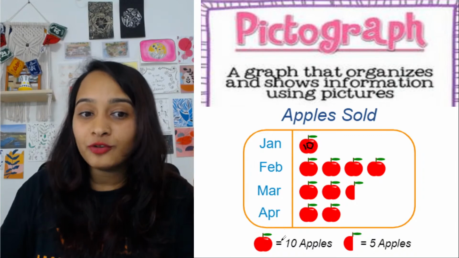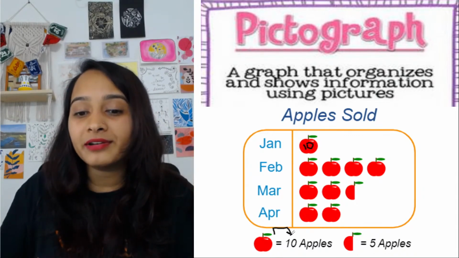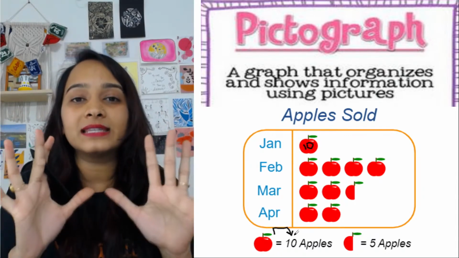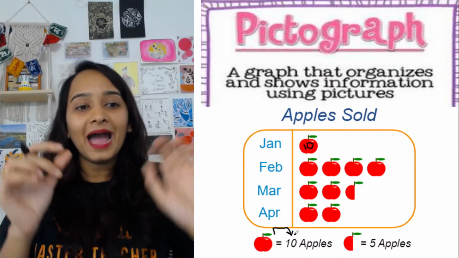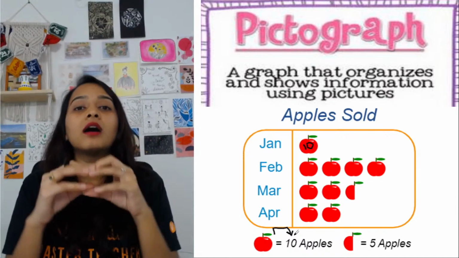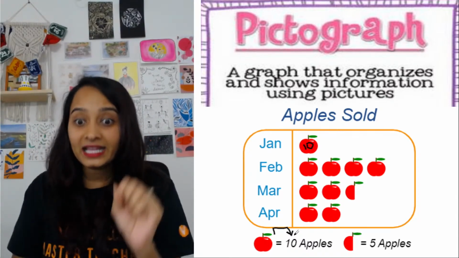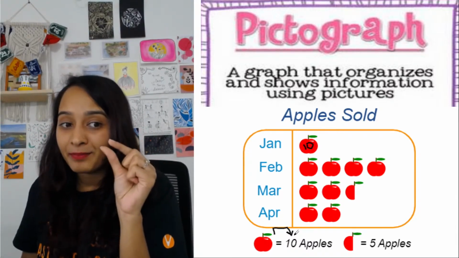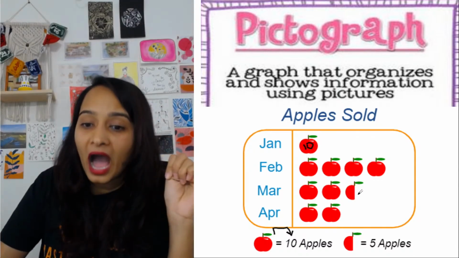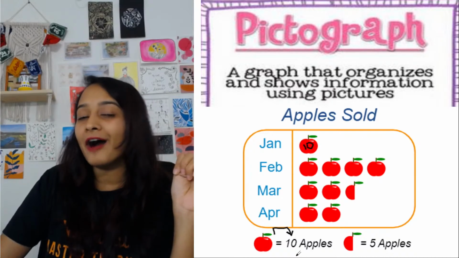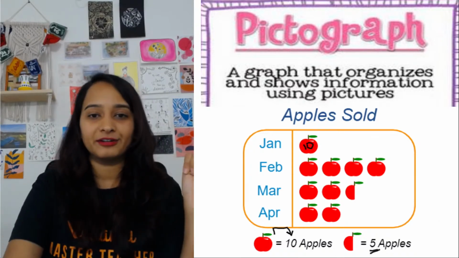The scale is that 1 apple represents 10 apples in real life. And if half an apple is given, half of 10 is 5 apples in real life, right?